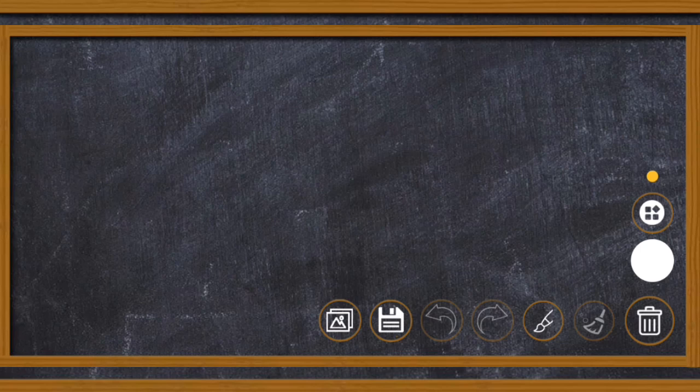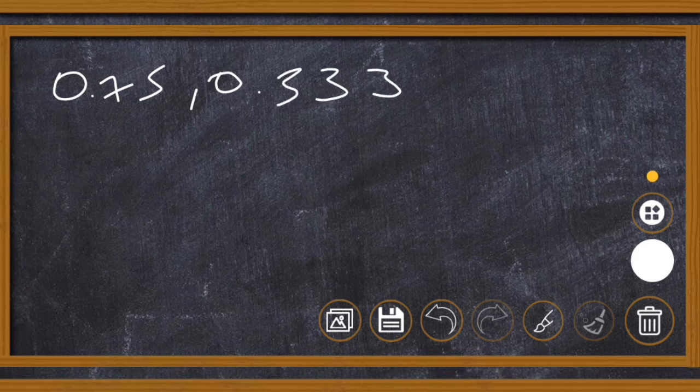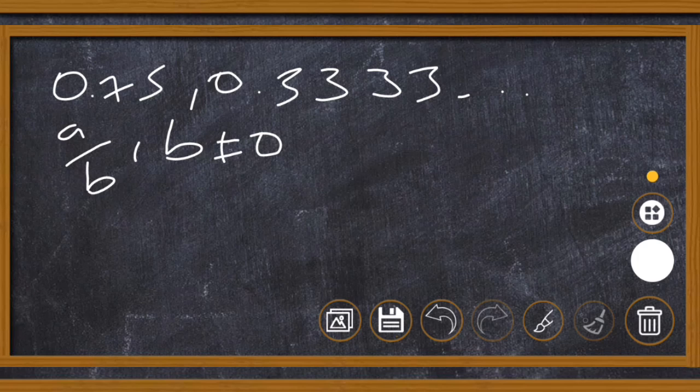So we have talked about 3 things that are classified as rational numbers. The first one is the decimal, where we have either a terminating decimal number or a repeating decimal number. The second one is where we have a fraction in the form of a over b, where b should not be equal to 0. For example, 3 over 4, 7 over 1, 2 over 7, and so on.